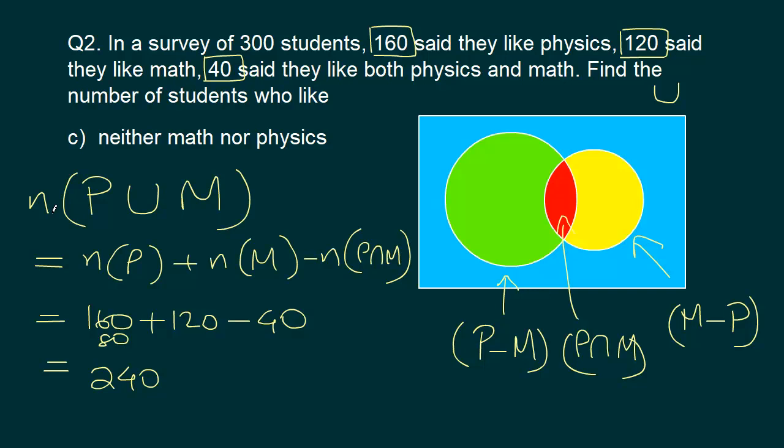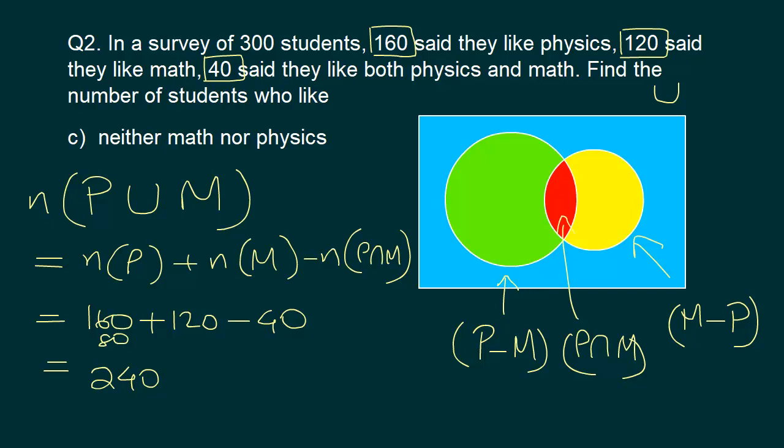So if we have P union M that represents students who like physics or math, if we subtract that set from the universal set, we get students who do not like physics or math, essentially the complement of this set.